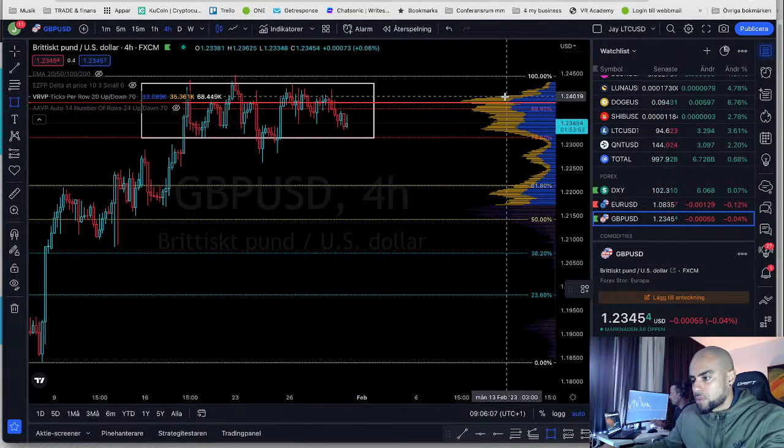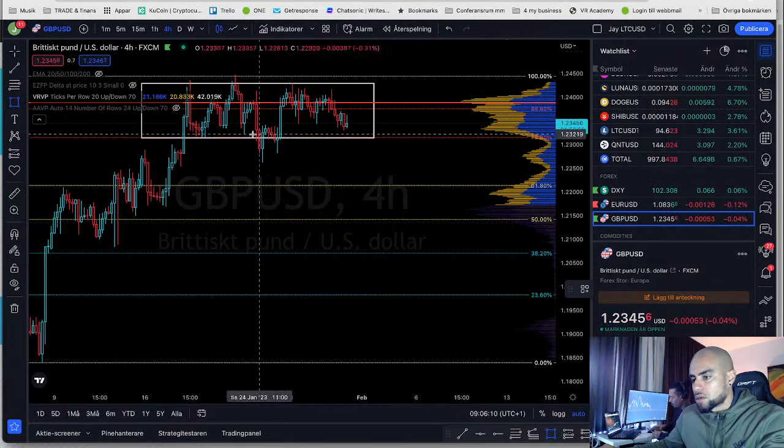I'm trying to take it from equal tops on the edges of the volume.